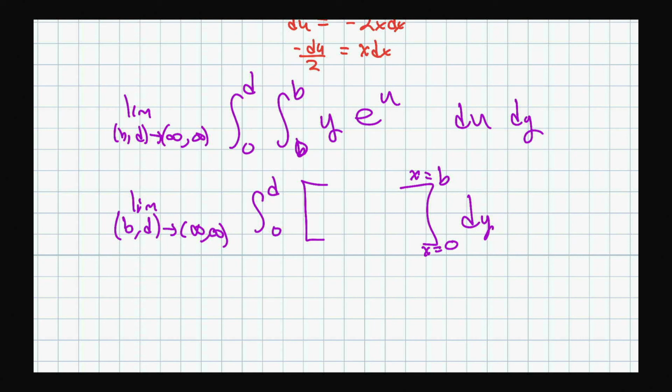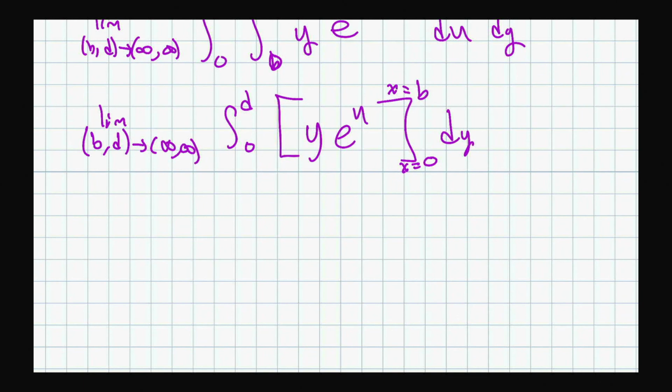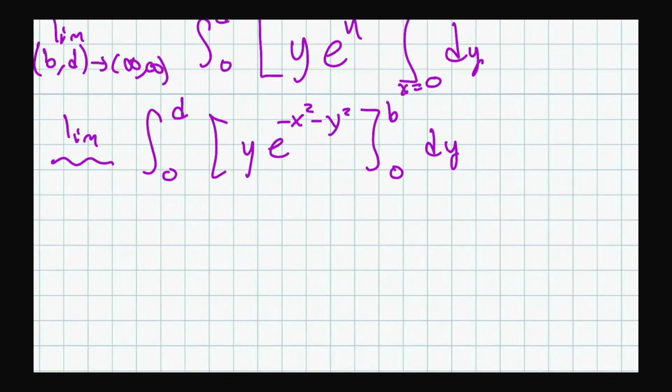Okay. So what's the antiderivative of y e to the u with respect to u? We're treating the y like a constant, right? So the antiderivative of e to the u is just e to the u. So like that, you get that. But then these limits are for x, not for u. So you actually have to substitute back if you want to use the 0 and the b, because the 0 and the b were for x.